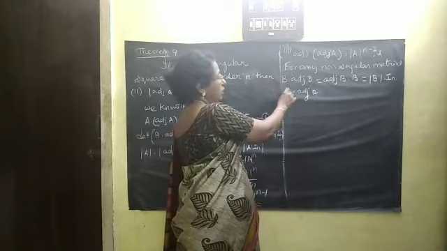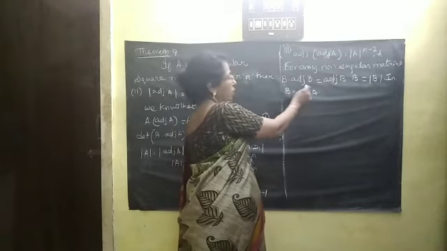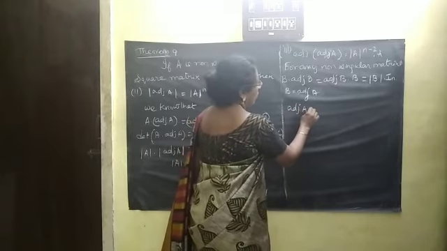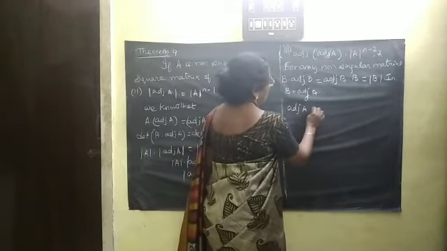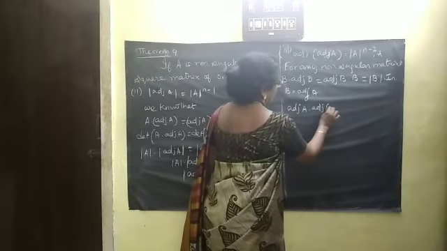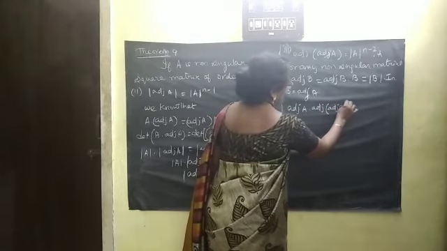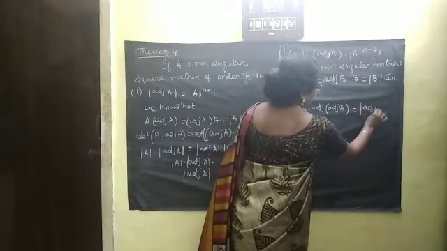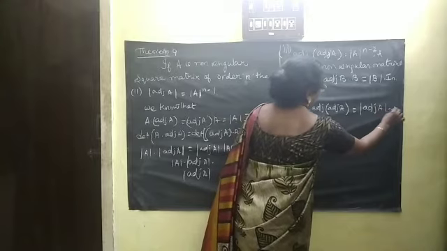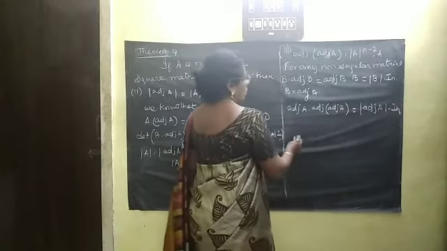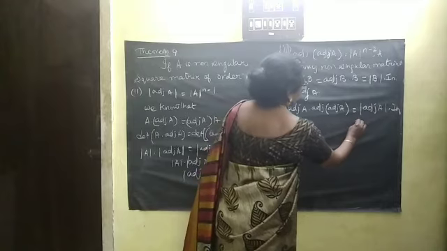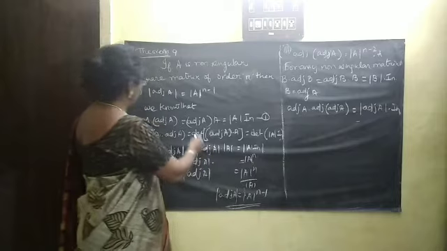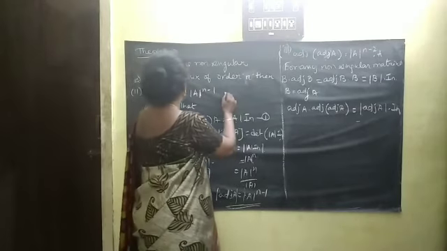Now replacing B by adjugate of A, we get adjugate of A into adjugate of adjugate A is equal to determinant of adjugate of A into I n. So the determinant of adjugate of A value, we have found out to be determinant A the whole power n minus 1.